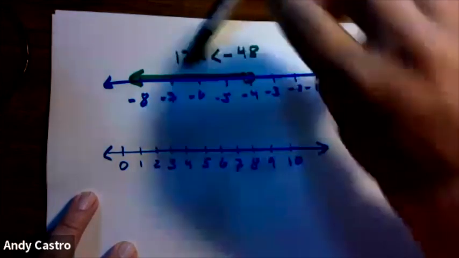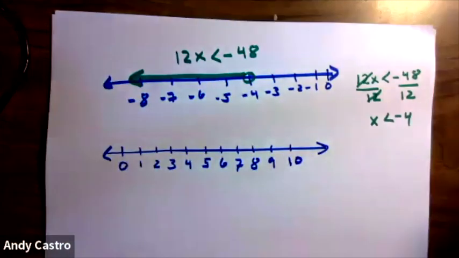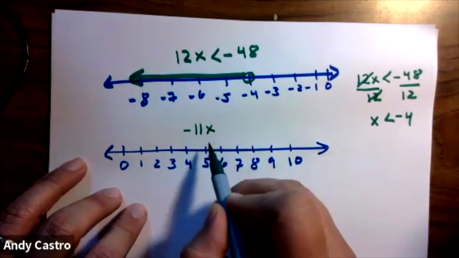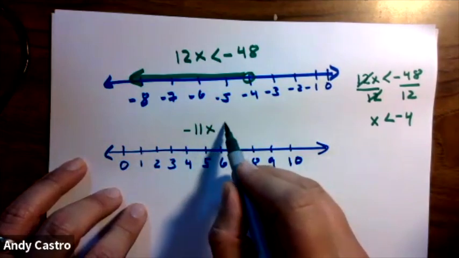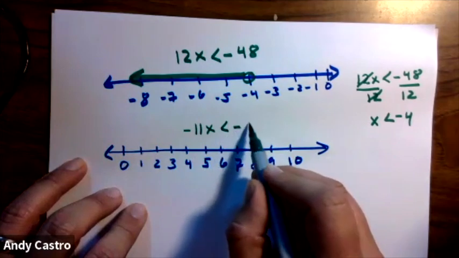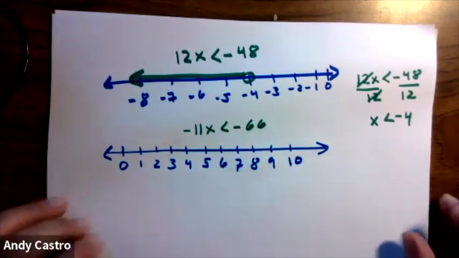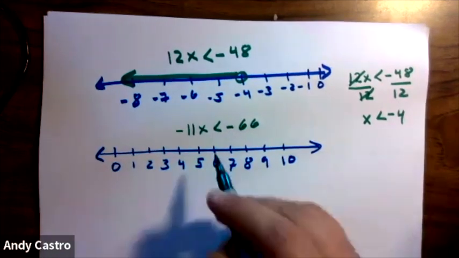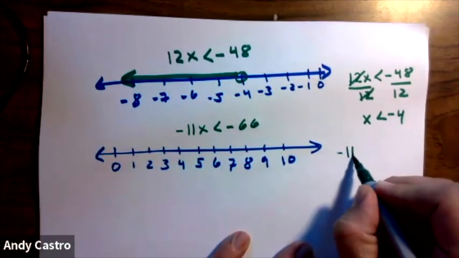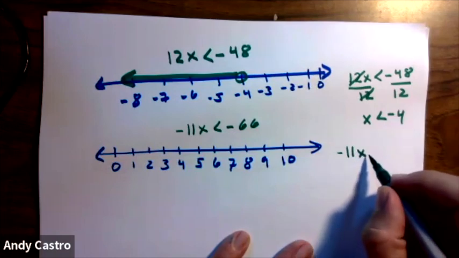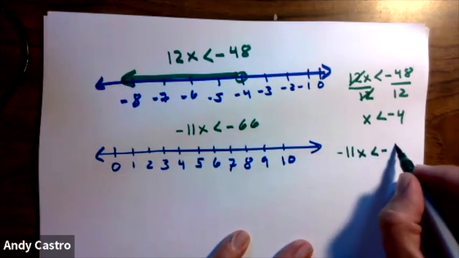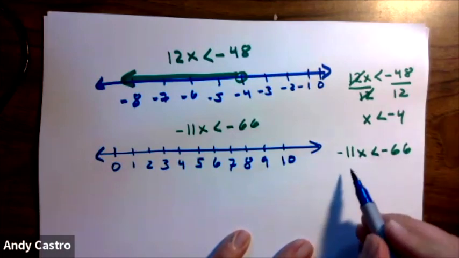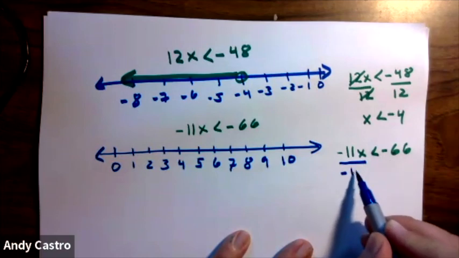And the inequality is -11x is less than -66. All right, here's where things are going to get a little bit different. So I'm going to rewrite this as normal. -11x is less than -66. And I'm going to divide both sides by -11.